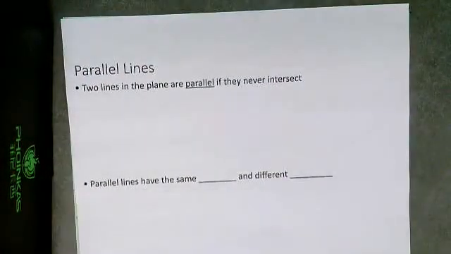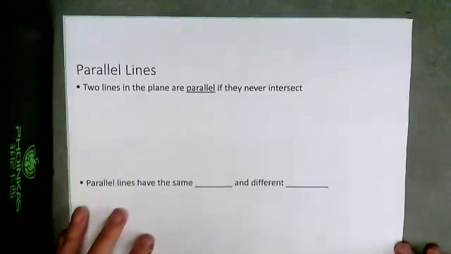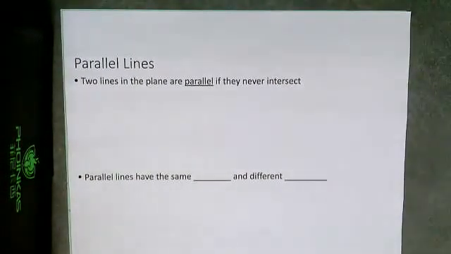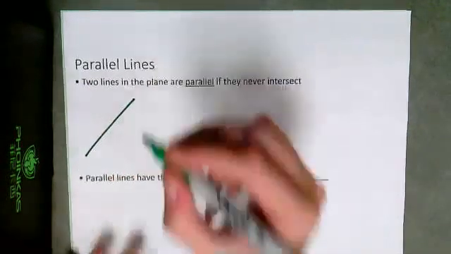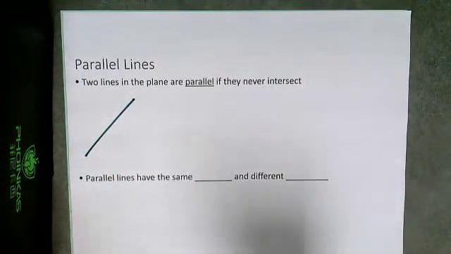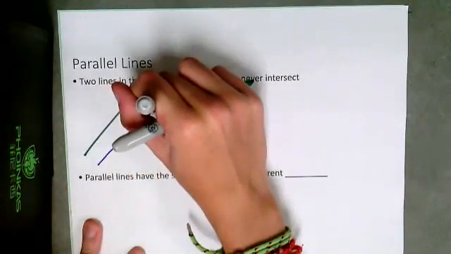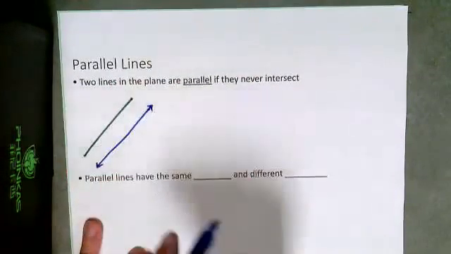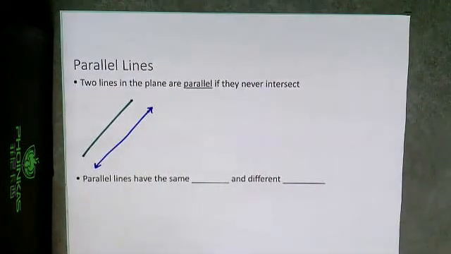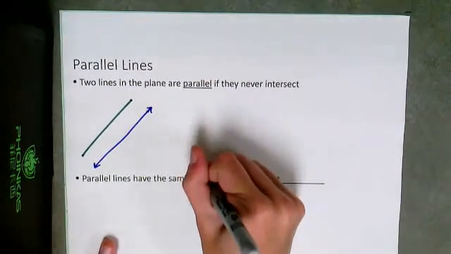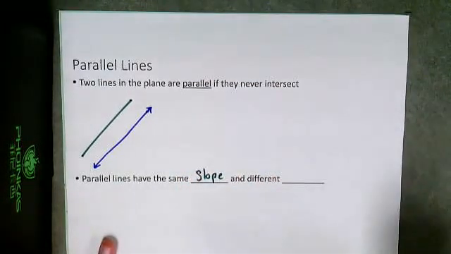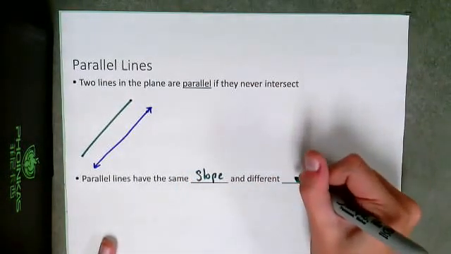Keep going with some terminology and different kinds of lines. Now on to parallel lines. Two lines are parallel if they never intersect. So if we draw a line like that and another line like that, roughly, those are parallel. They have the same slope, but they have different y-intercepts.